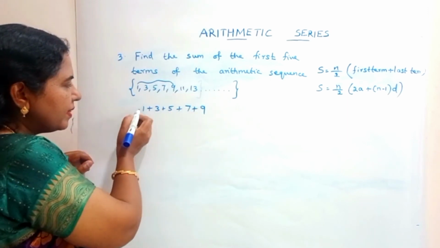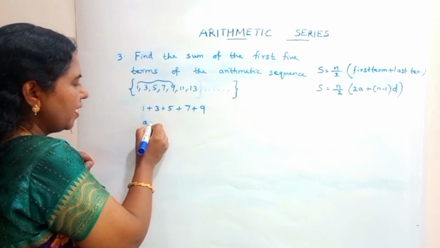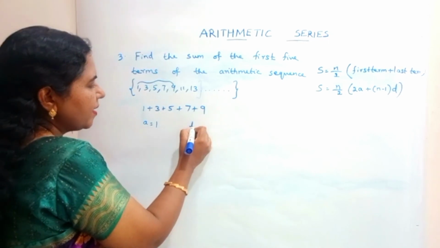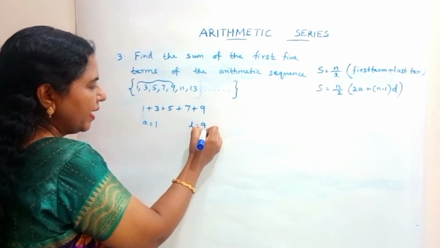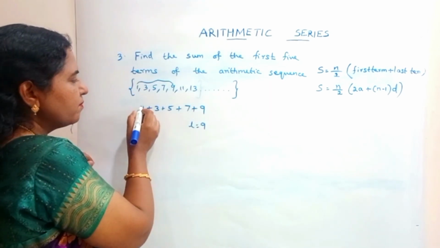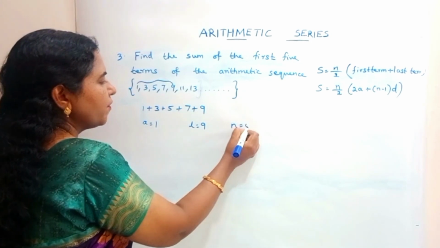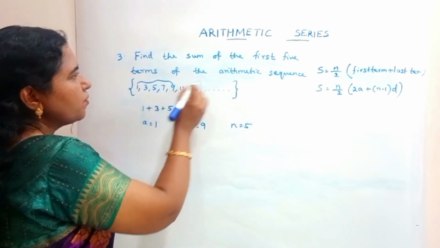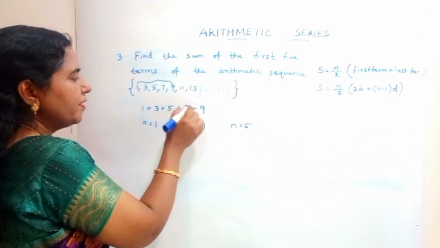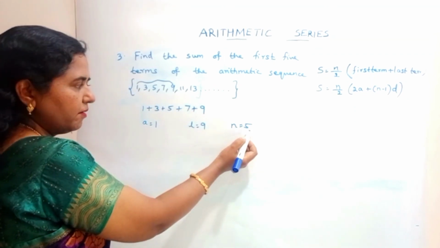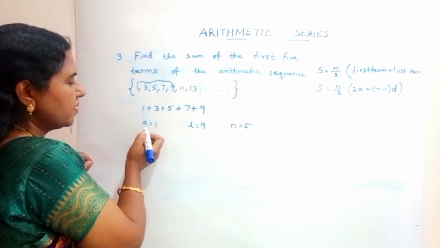Here the first term a is equal to 1, the last term is equal to 9, and the number of terms is 1, 2, 3, 4, 5. So n is equal to 5. Since it is asked to find the sum of the first 5 terms, the number of terms will be 5. The last term is 9 and the first term is 1.